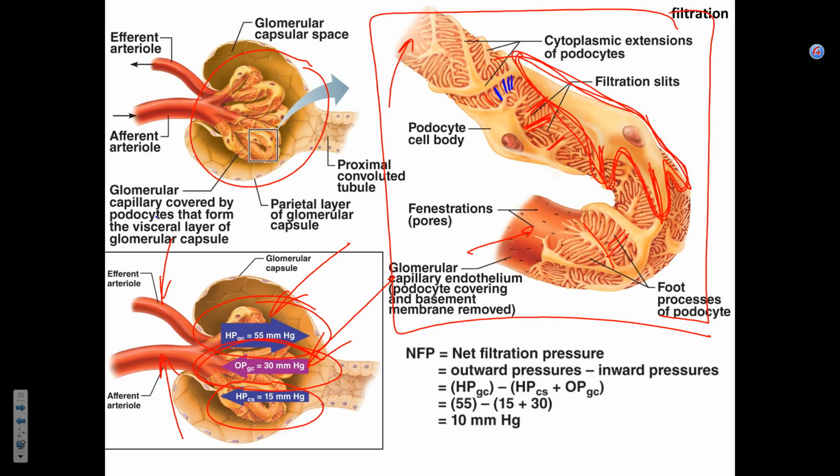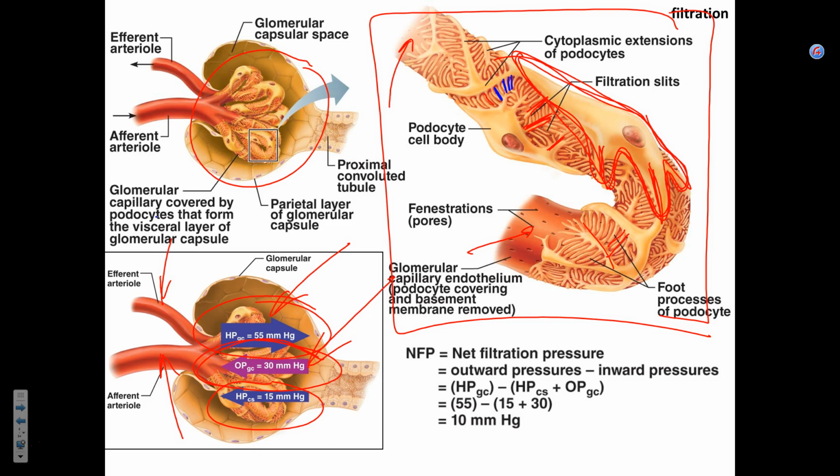So think about this foot process as making a sieve. The size of the filtration slit is smaller than the size of the proteins. Essentially, filtration slits allow the passage of only rather small organic molecules, such as urea, glucose, and amino acids and drugs and whatnot, but prevent proteins and, of course, cells that can be found in the blood from crossing the filtration membrane.